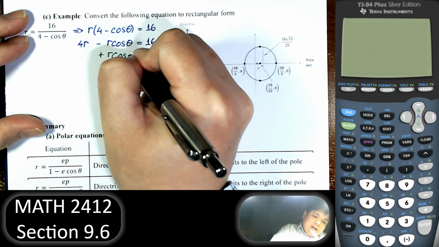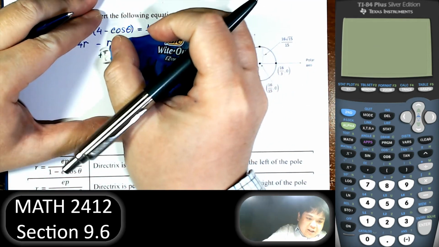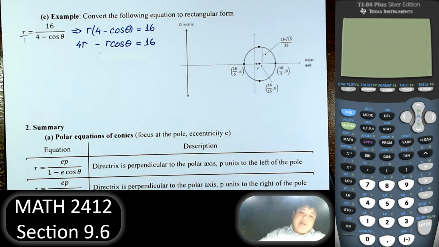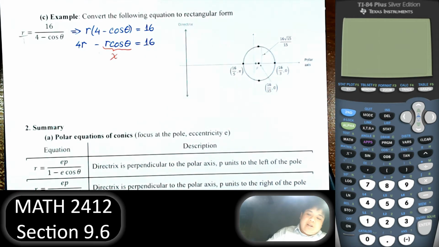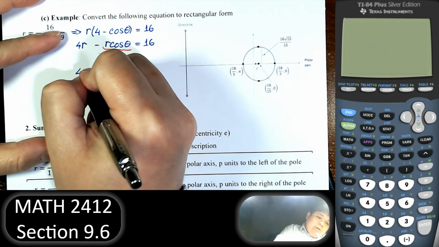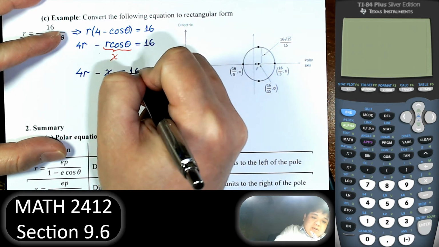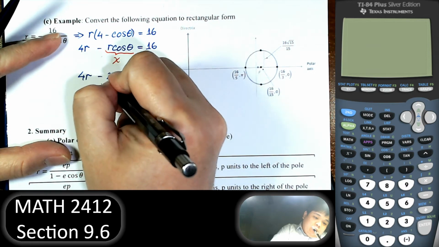By the way, what is r cosine theta? Well, that is x in rectangular. So I will write 4r minus x equal to 16.